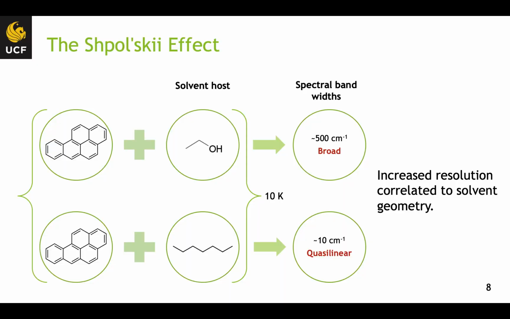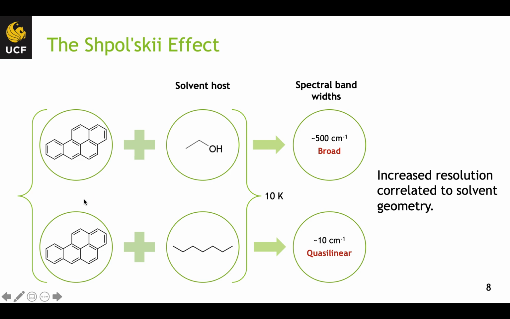So the Shpol'skii effect, a little bit about the phenomenon behind this method. The Shpol'skii effect can be described using an example. If you take benzo[a]pyrene, or BaP, and you rapidly freeze it in ethanol to about 10 Kelvin, the spectral bandwidths observed are about 500 cm^-1, which is relatively broad.